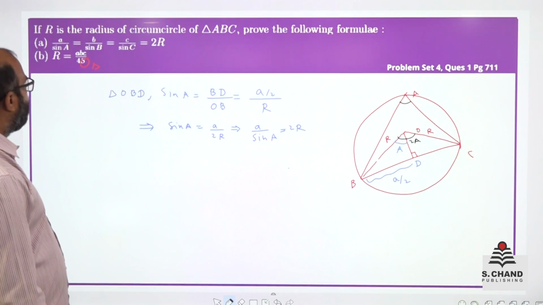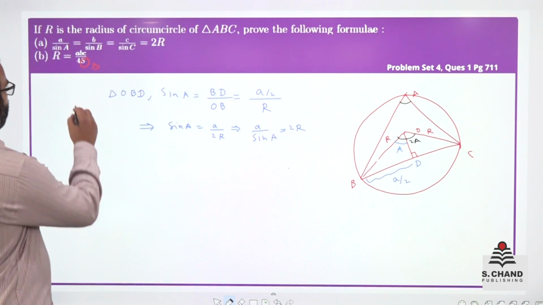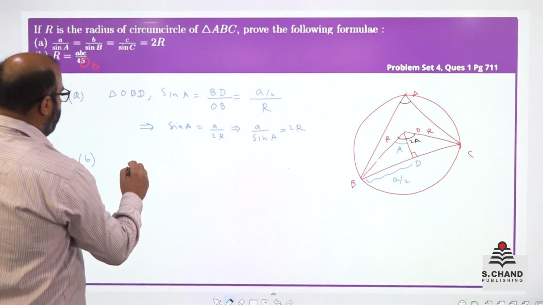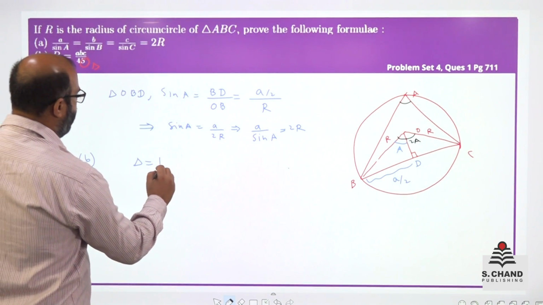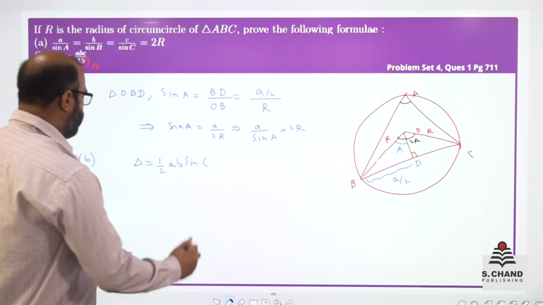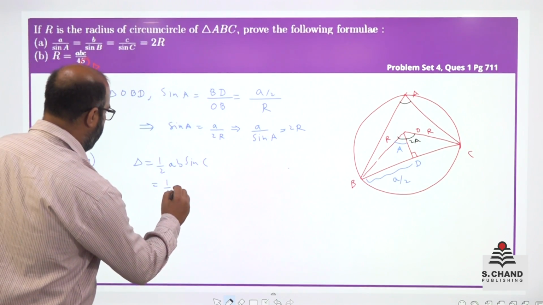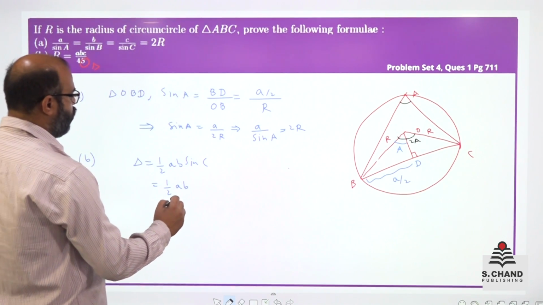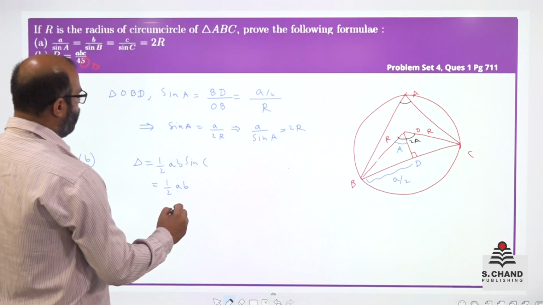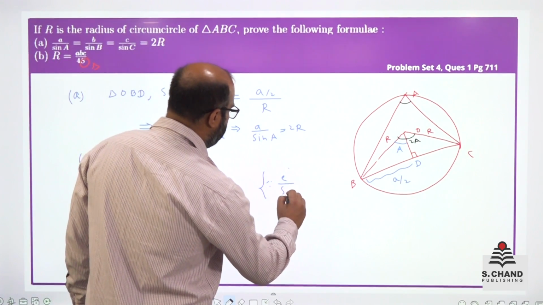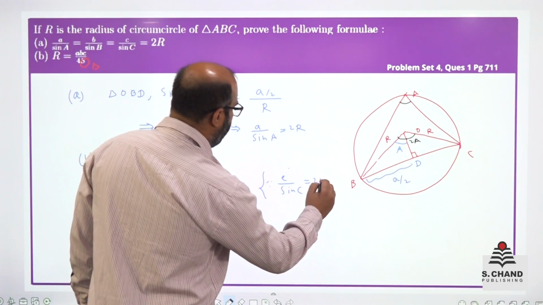Next thing is R is equal to abc by triangle. So for the next question, we know that area of triangle is half ab sine C or bc sine A similarly. So this will become half ab sine C. So what we will do here, that we will apply that c by sine C is equal to 2R.